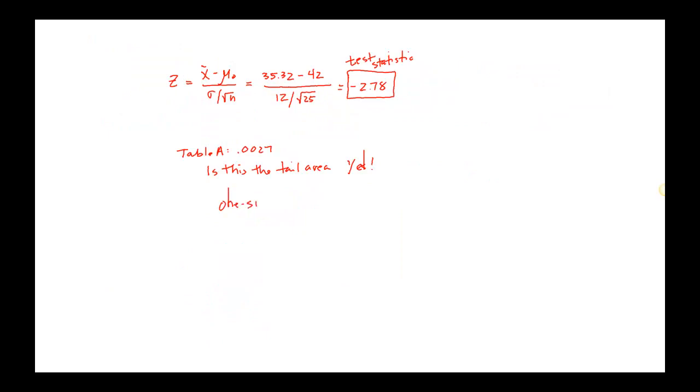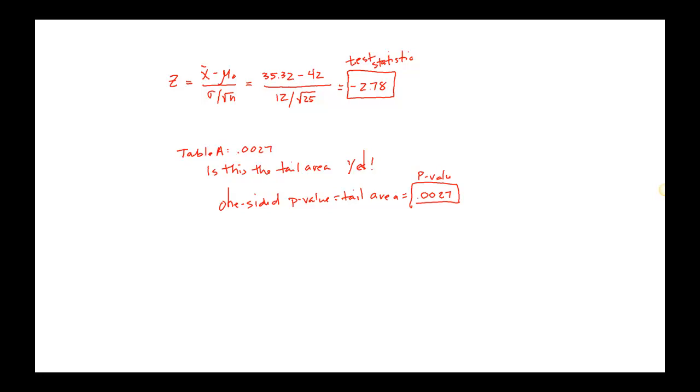So for one-sided, the p-value equals the tail area, and remember we just determined that that value from the table was the tail area. So we end up with a p-value of 0.0027. If this would have been a two-sided test, then we double the tail area. All right, so I have my p-value here.